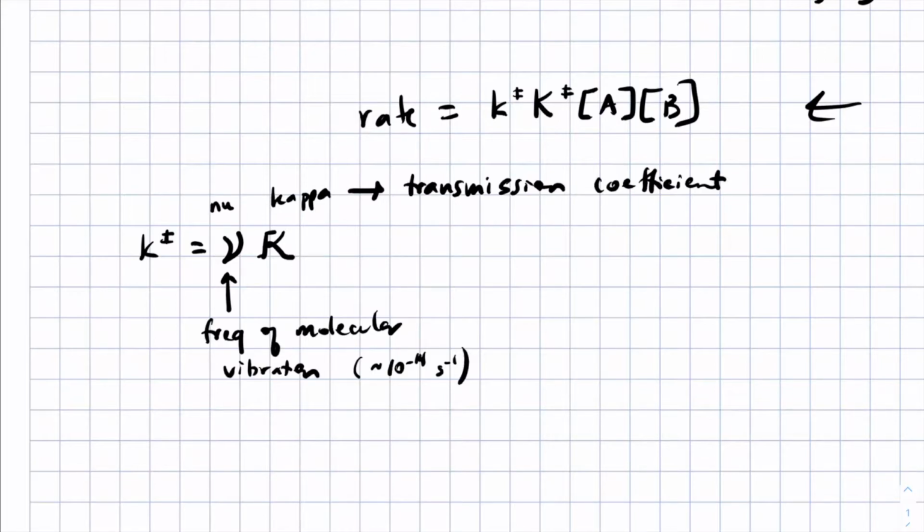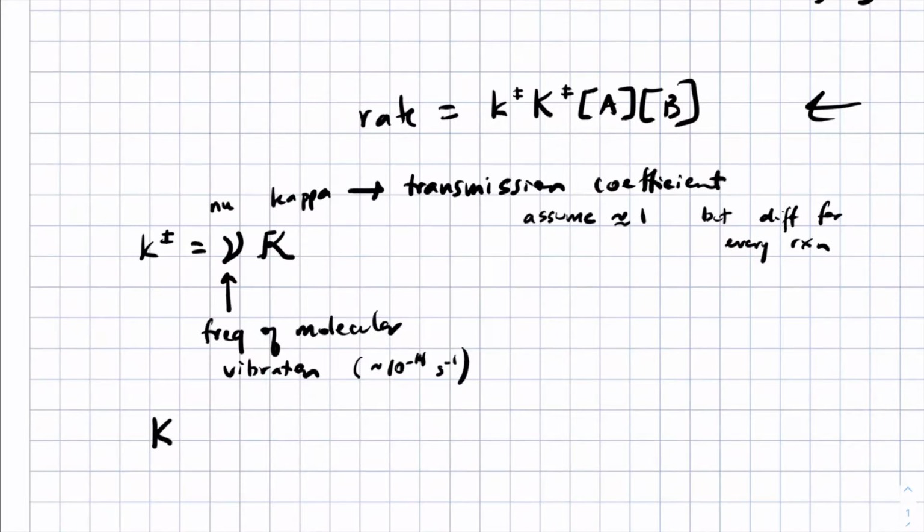And so kappa represents the percent of molecular vibrations that push you over the edge. For the most part, we're going to assume that it's near 1, but it'll be different for every reaction depending on the characteristics of the starting materials in the transition state.